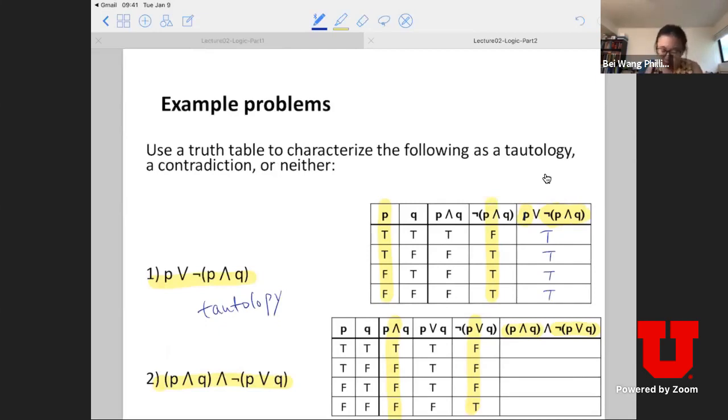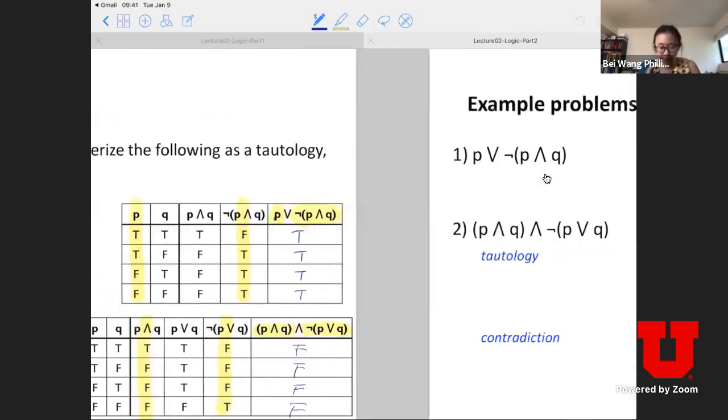So in this case, true and false is false, false and false is false, false and false is false, and false and true is false. So this is always false. That means this second statement is a contradiction. Okay. Now you might ask, what about the last column? If it's a mixture of true and false, then it's neither a tautology nor a contradiction.